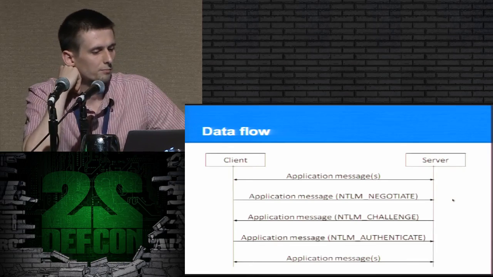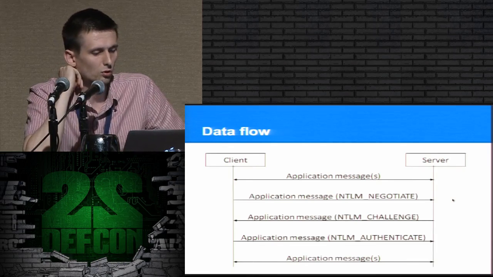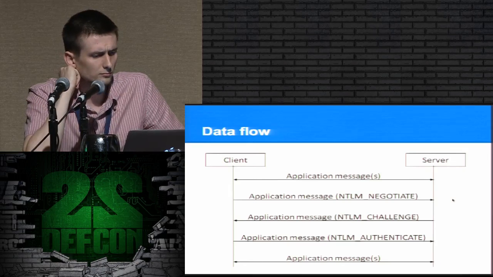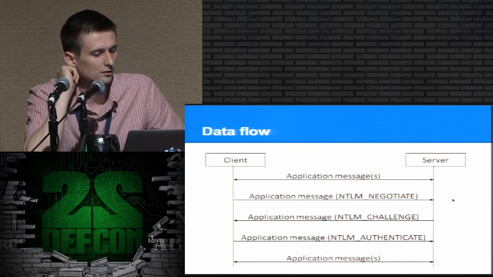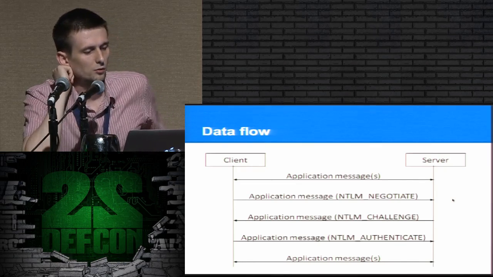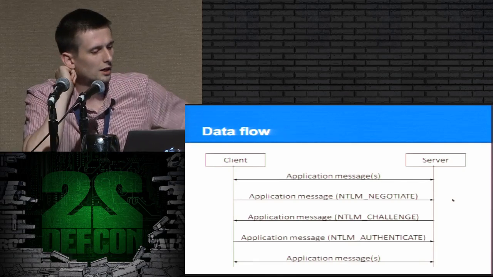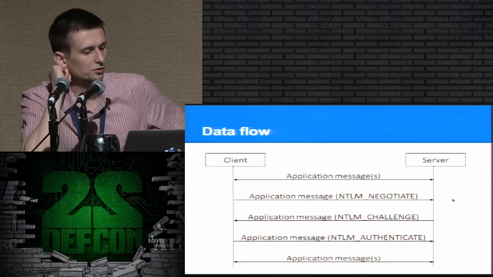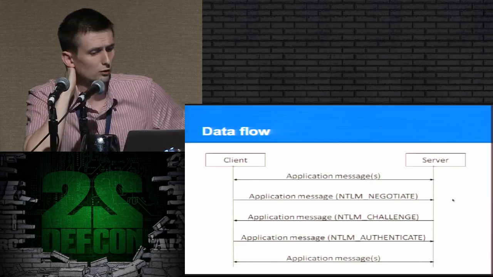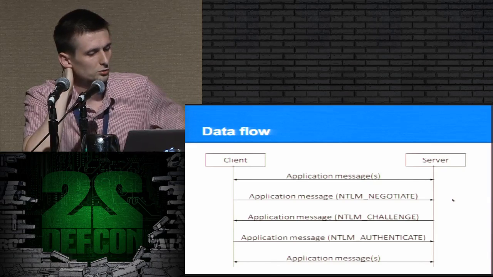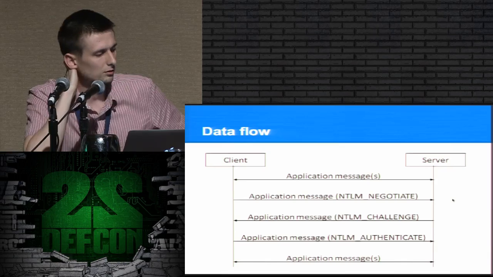So how would any application talk to any server using SSPI? For example, we have a client application and a server application. The client would like to authenticate on the server using the password of the current user.